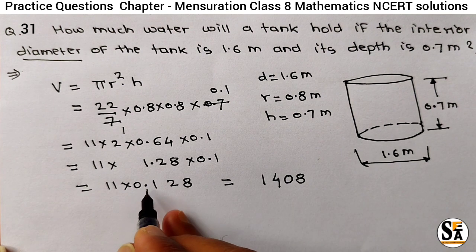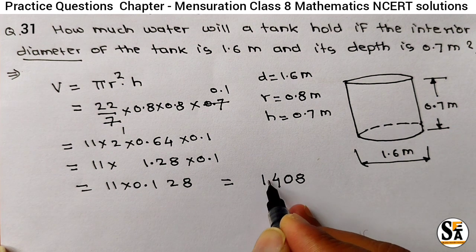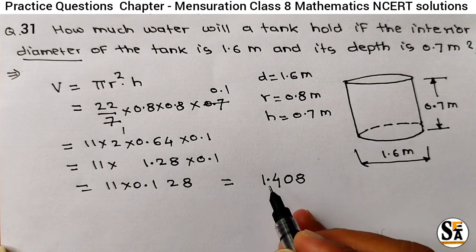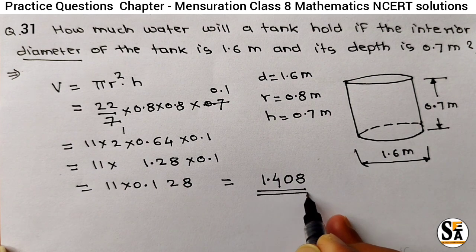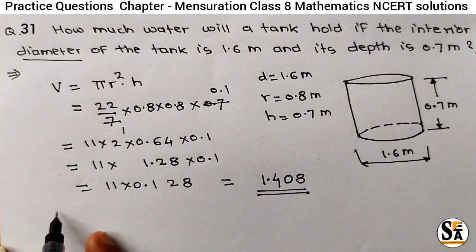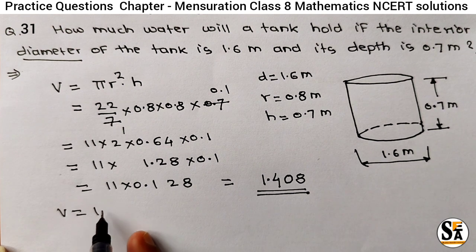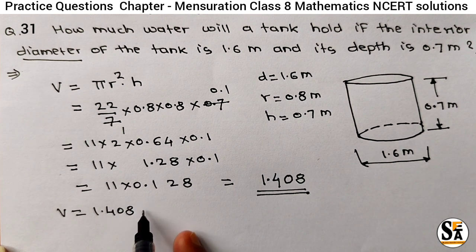Now to place this decimal point, count 1, 2, 3 places, 3 numbers are there, so here will be the decimal point. So we got volume equal to 1.408 and unit is meter cube.